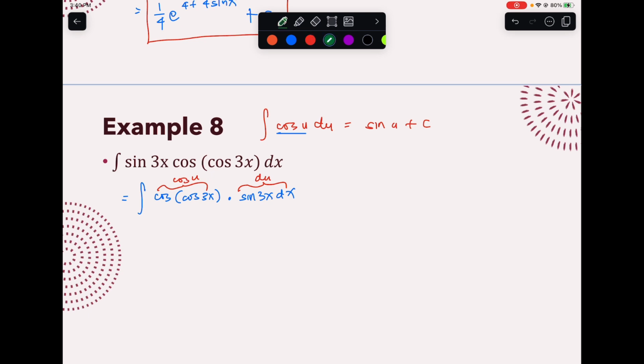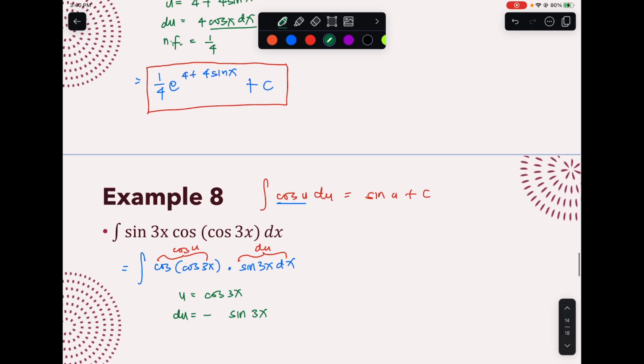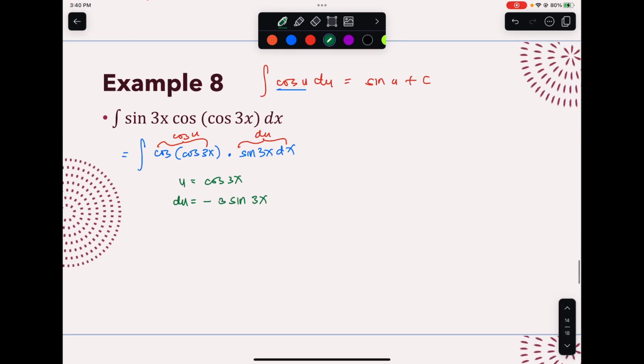Is that the correct one? If this is cosine u, therefore our u is cosine 3x. So our du will be the derivative of cosine, which is negative sine 3x, and the derivative of 3x is 3, dx. But then we have an excess of negative 3, so that is why we have a neutralizing factor of negative 1/3.